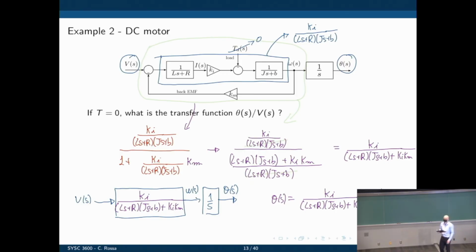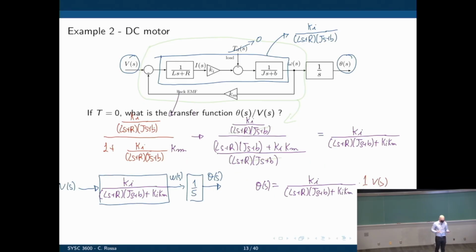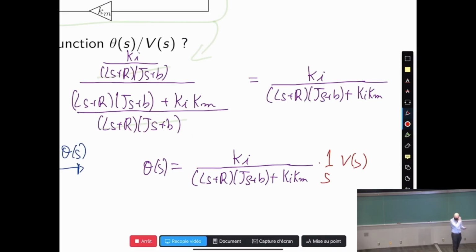So we can now find the transfer function theta over V. Right? We're just dividing both sides of the equation by V of s. Let me just move this here because I think the folks at home have my image on top of it. So under here, if you can see it, is 1 over s.